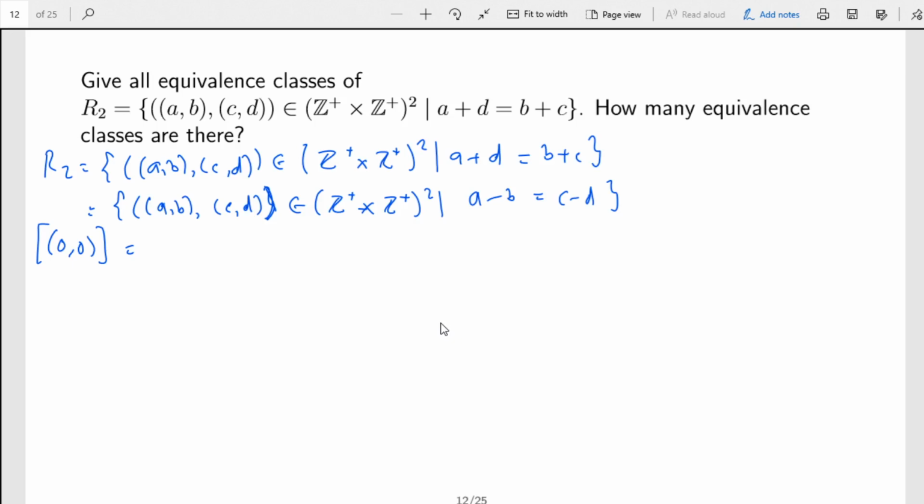Oh, sorry, we are talking about positive integers, so let me just start with (1, 1). This is the set of pairs of positive integers such that the difference between the first and the second element is 0. So this would contain (1, 1) itself, and then since the difference between 1 and 1 is 0, you have (2, 2), (3, 3), and so on.